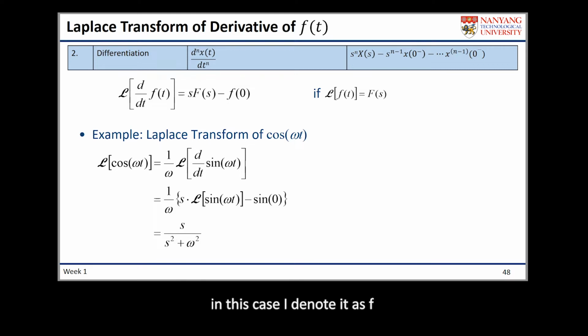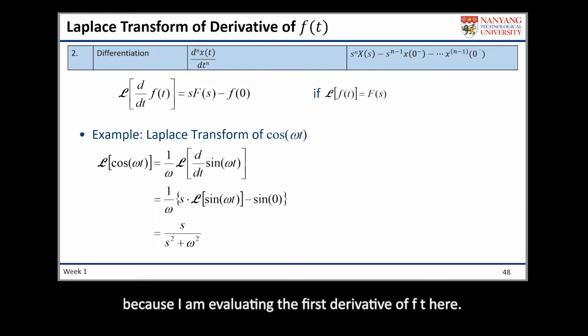If I replace n with 1, then for the Laplace of the first derivative of x, in this case I denote it as f to make it different from the one displayed in the table, the Laplace of the first derivative of f will be equal to s times F(s) minus f when time is equal to 0. How do I obtain this? This is obtained by just replacing all of the n's here by 1, because I'm evaluating the first derivative of f(t).